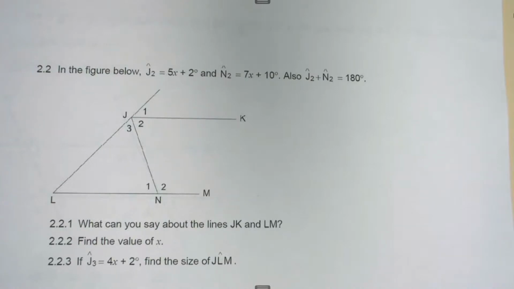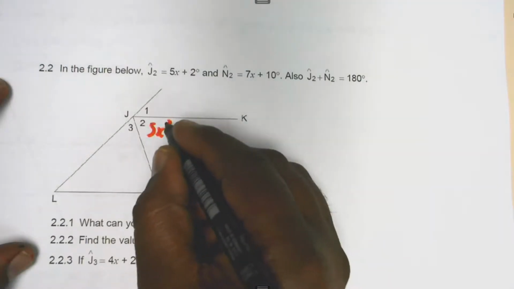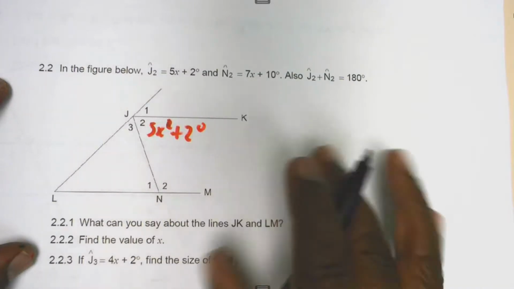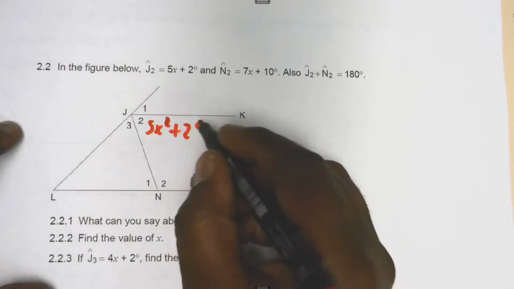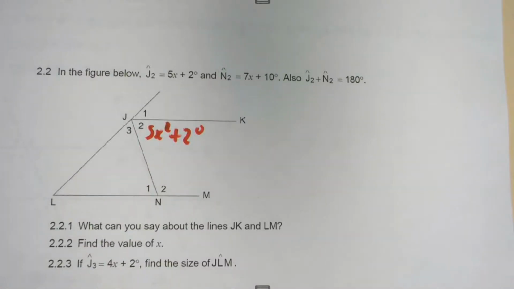Read everything. Don't skip it, especially if you try to calculate things and it does not make sense or confuses you. It means there is something you did not get right or do not understand. You are given here that J2 is equal to 5x plus 2 degrees. You are also given that N2 is 7x.